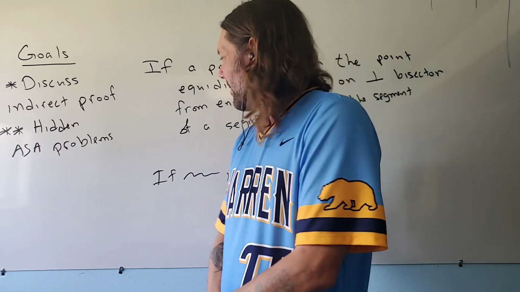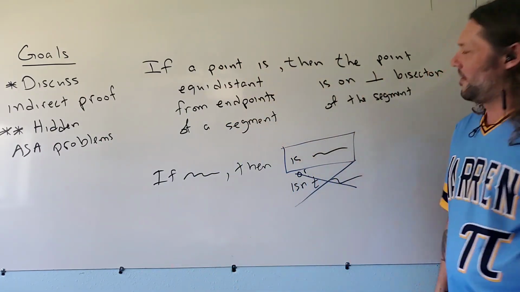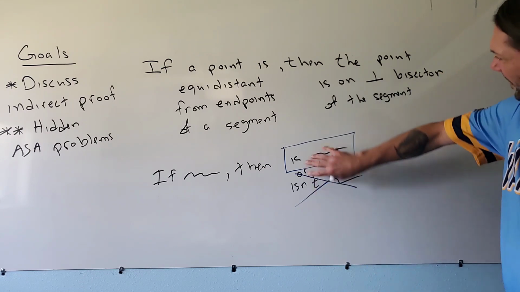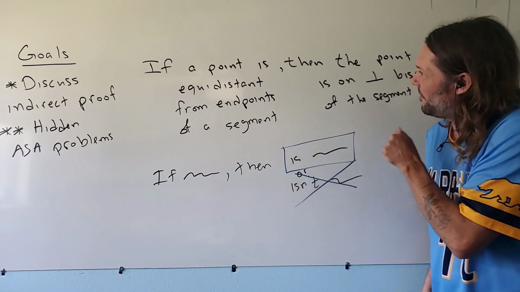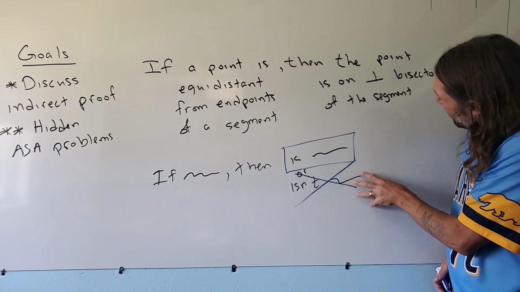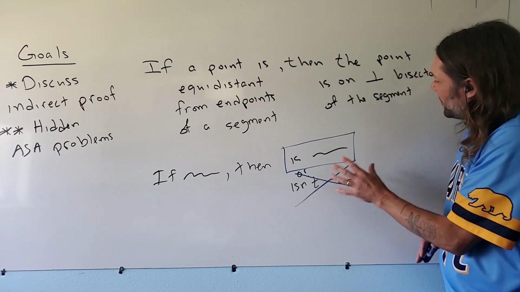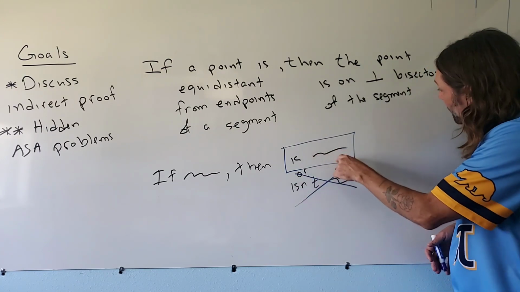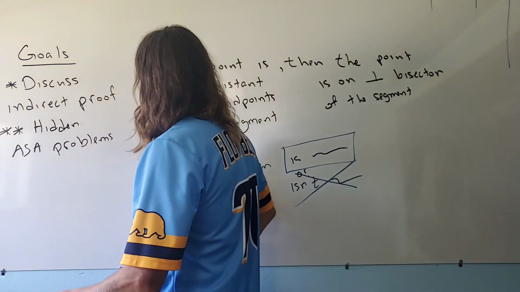I forget what exactly it was. Somehow it forces it to have this happen. So I just wanted to mention the idea behind the indirect proof. Again, you argue what you know can't be true, and you find that in a lie, and since that can't be true, it forces the only other possibility to be true. Alright, so that's an indirect proof.